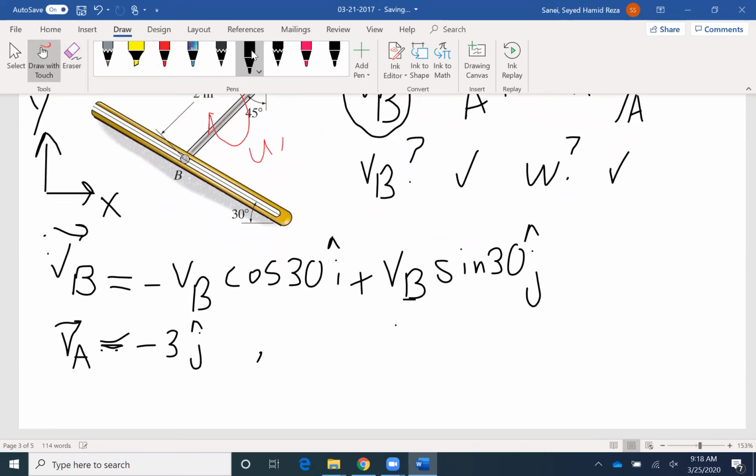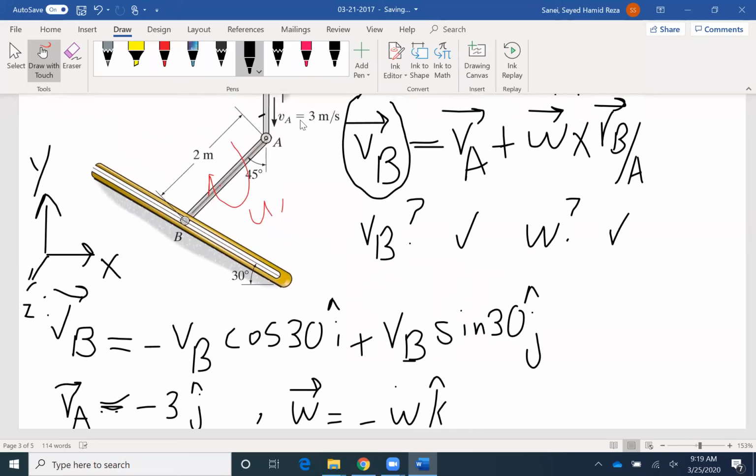So the other vector that we want to find would be omega. We don't know the magnitude, but I know the direction would be in the direction of k, omega k. So omega, when it is clockwise, is towards negative z, and when it is counterclockwise, is towards positive z. To find the direction of omega, your fingers should be in the direction of rotation, and your thumb would indicate the axis.